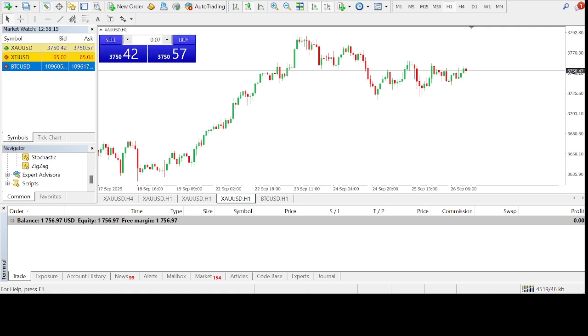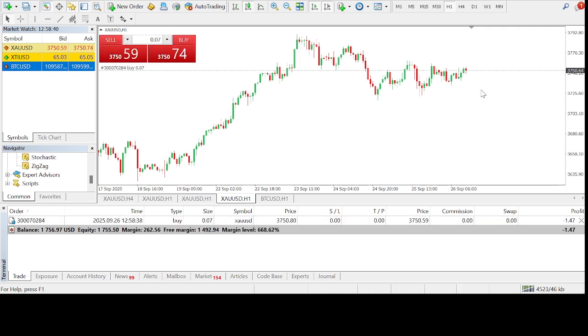When it comes to a market order, you place your order based on the current market price. We have these two buttons, sell and buy. You can place your sell or buy order based on your analysis. I'm going to place a buy order, for example, for this metal. This is what we call a market order. You place your order based on the current market price. So this is one forex order type.